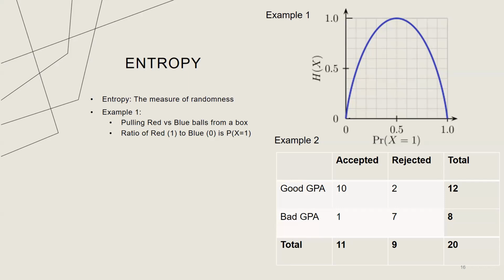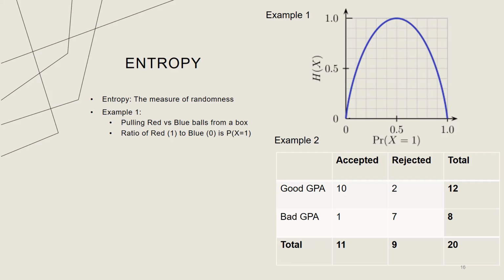So in that case, our entropy would be pretty much 0 because there's no randomness, because you're guaranteed to get a red ball. On the other hand, if we have one red ball and 9 blue balls, there's a little bit of randomness to it, right? But it's not a ton of it. If you're just going to predict that it's always going to be a blue ball, you'd get it right 90% of the time.